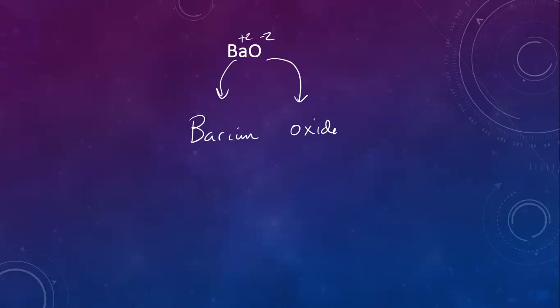But what if you see something like this? Ba2O2. Wait a second, isn't it barium oxide? Actually, it can't be. Oxygen is O-2. In order for this to work, it should be BaO2.